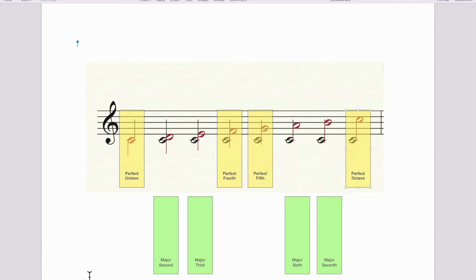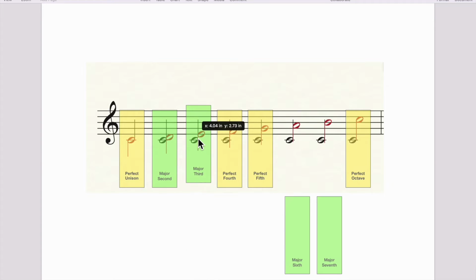So it's going to be important to remember that the quality of the intervals unison, octave, fourth, and fifth, as they show up in our scale, they're all perfect intervals. The rest of them are going to be called major intervals.